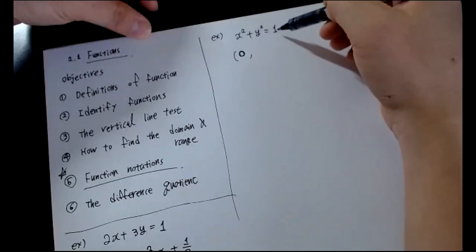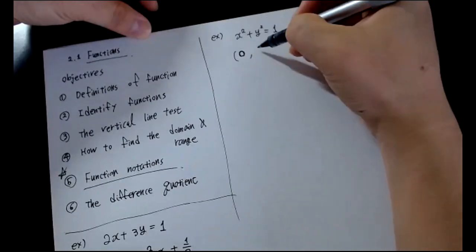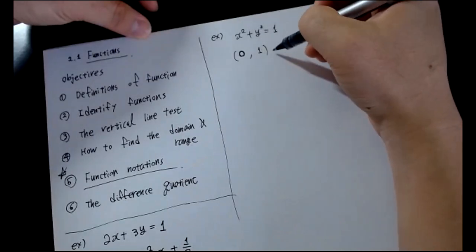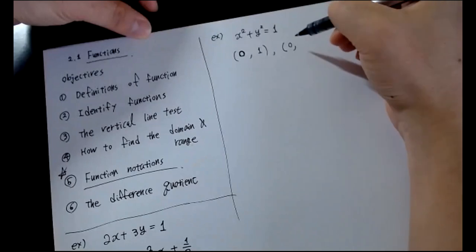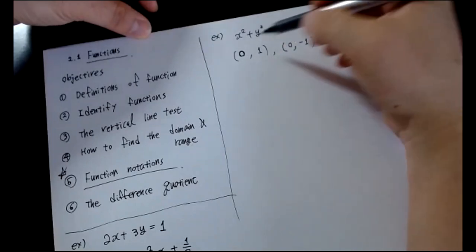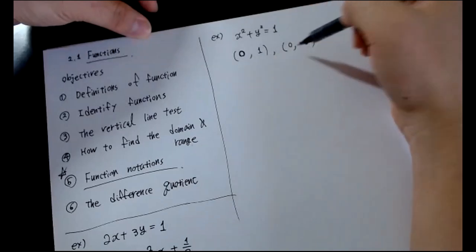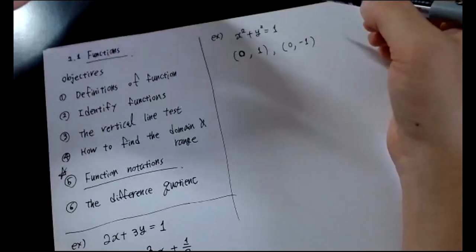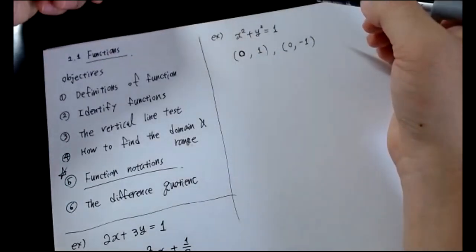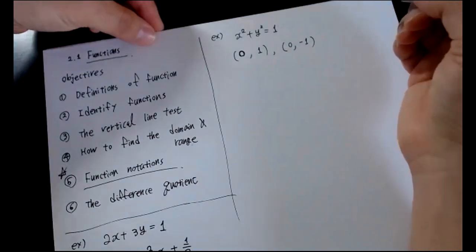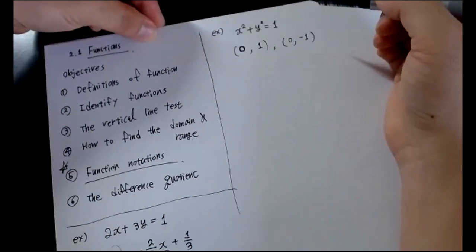So when x equals 0, y must be 1, because 1 squared is 1. But at the same time, when x equals 0, y can be negative 1, because negative 1 squared is 1. So (0, 1) and (0, -1), these two ordered pairs must be on the graph of the circle of that equation, right?